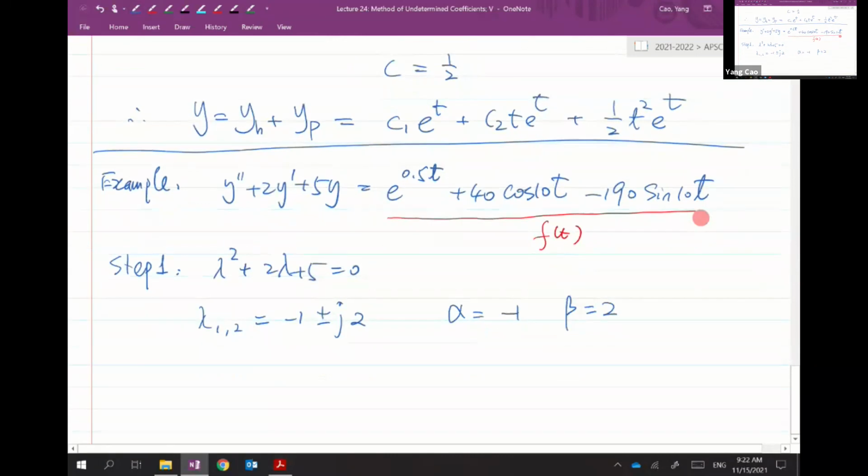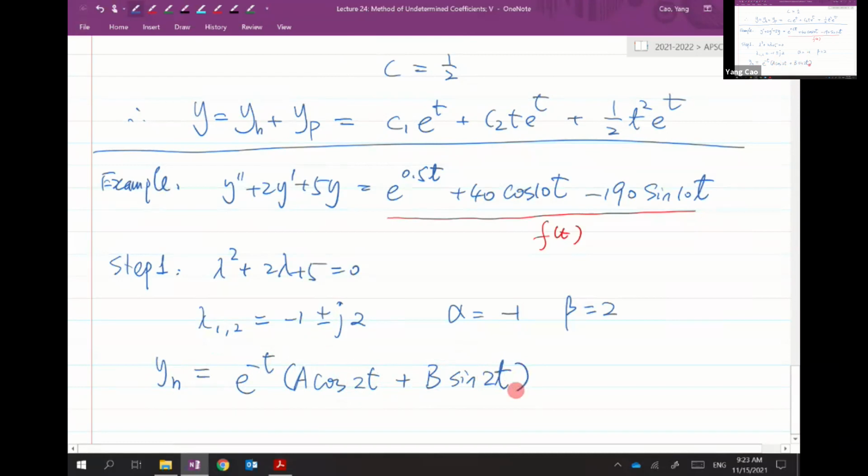Okay. So you look at the handout or the lecture notes from the lecture on homogeneous second order differential equation. When the roots are a pair of complex conjugate roots, your solution is e to the power of alpha t, and then A cosine beta t plus B sine beta t, where A and B are constants.